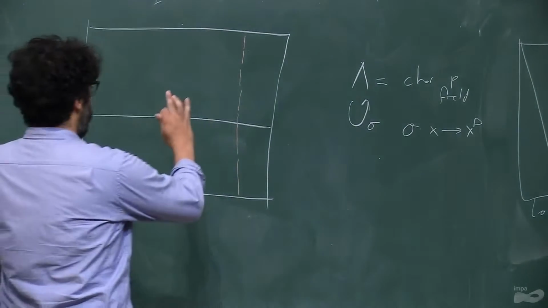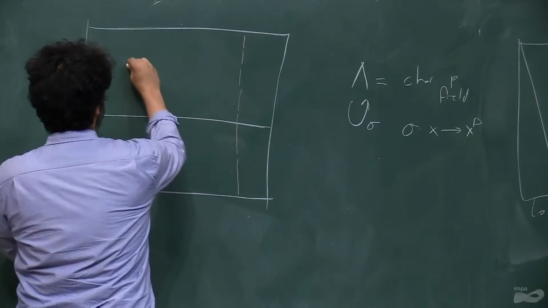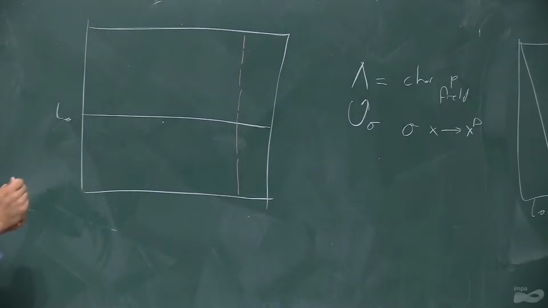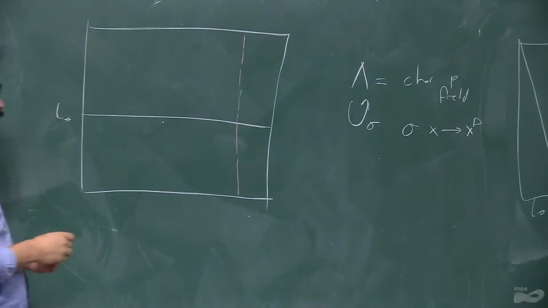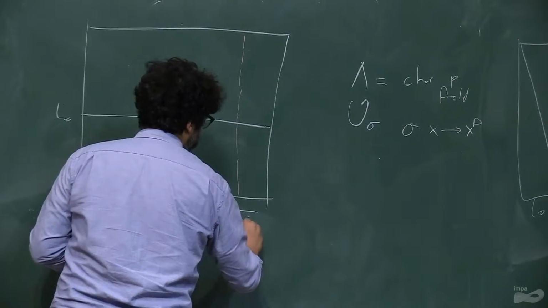And this torus, so everywhere outside of this red line, I canonically identify the fibers, and it's lambda. But if you pass this, then you apply sigma.